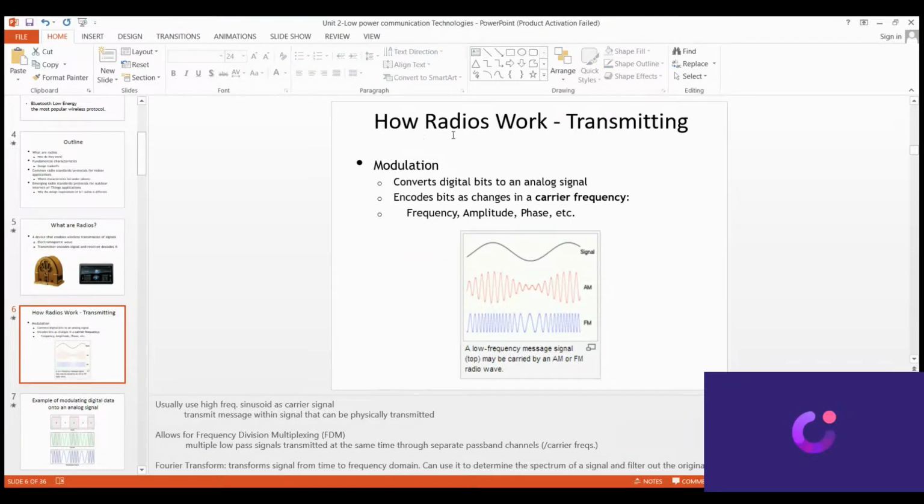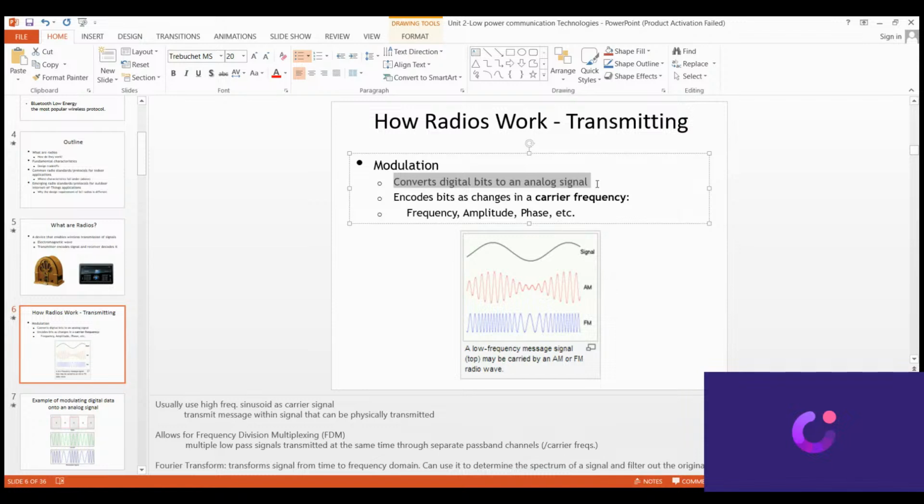Now, how radio works in terms of transmitting, there's an aspect of modulation. This process of modulation converts digital bits to an analog signal.